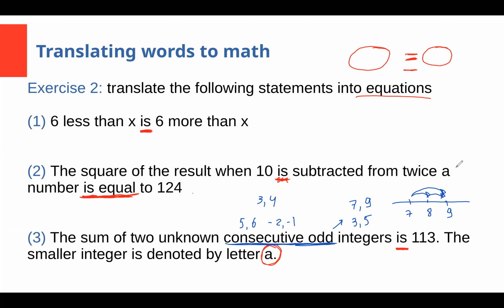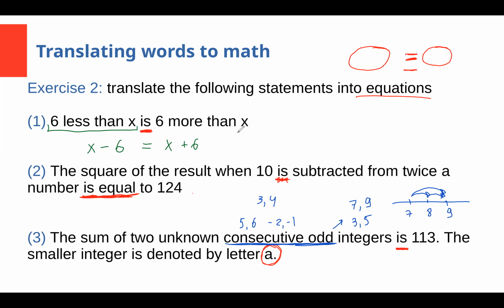So the number 1 would be this one. You see, 6 less than x would be x minus 6, and 6 more than x, I will put x plus 6. I will not do 6 plus x because, once again, I want to pay special attention to the order of the operation, right? 6 more means plus 6. 6 less means minus 6.